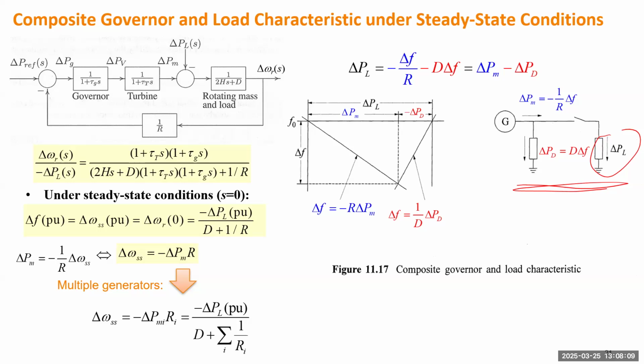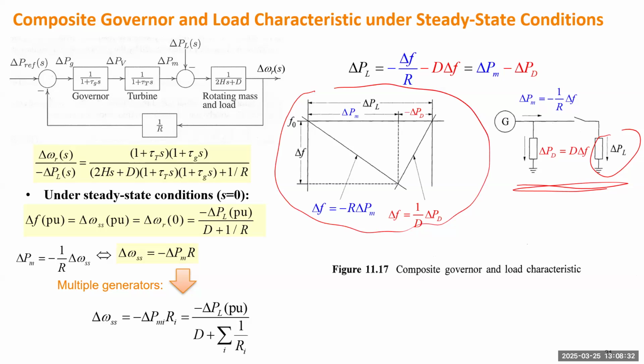PL. But because the system has frequency-dependent load, the frequency may change. If the frequency drops, you don't need to decrease the mechanical power as much, because some amount of load will be compensated by the change of the frequency. So we can use this triangle to explain what happened.